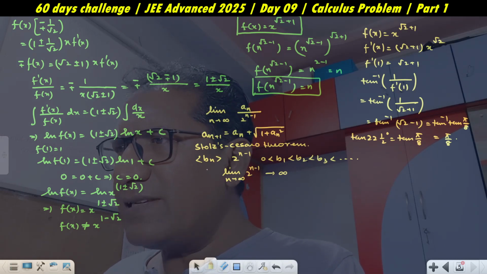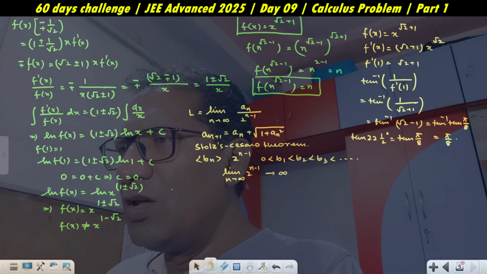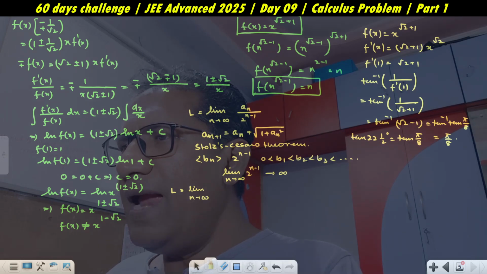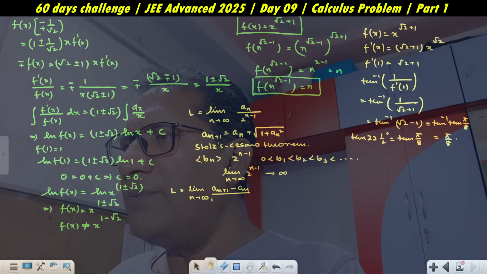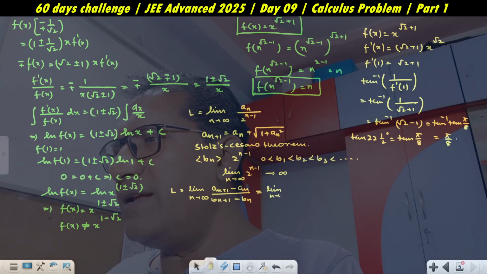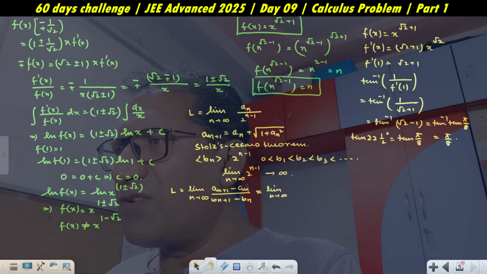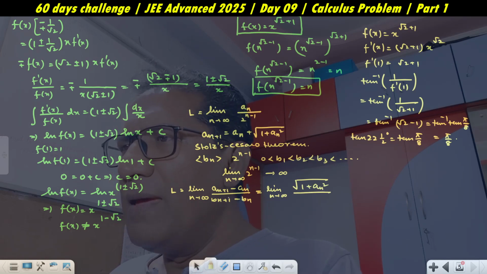It states that this limiting value, let me denote it by L, is the same as the limit as n tends to infinity of (a(n+1) minus a(n)) divided by (b(n+1) minus b(n)). So that gives us the limit of a(n+1) minus a(n), which from this recurrence relation is root over 1 plus a(n) square, divided by b(n+1) minus b(n).